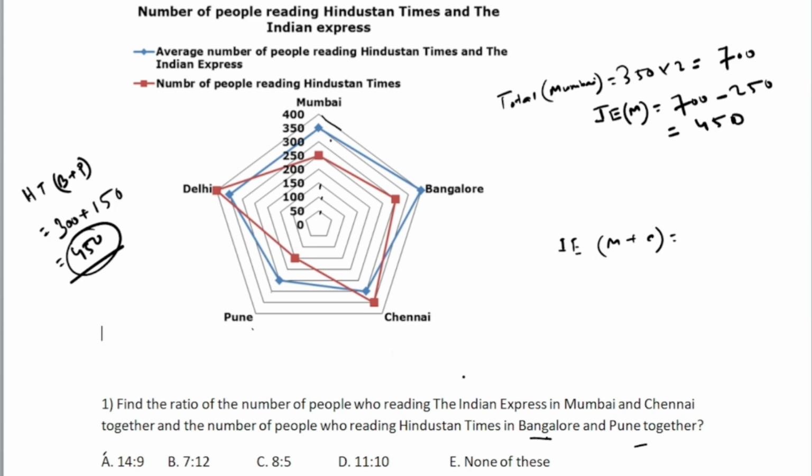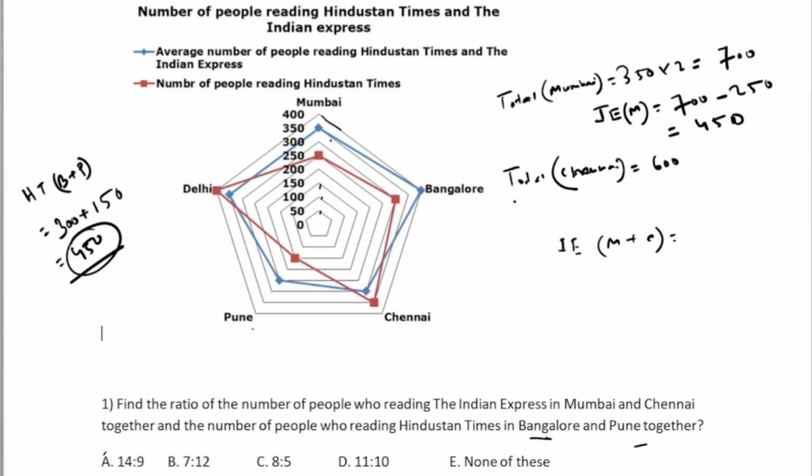ऐसे ही चेन्नई में, मुंबई निकल गया। चेन्नई में द नंबर ऑफ एवरेज पीपल हु आर रीडिंग हिंदुस्तान टाइम्स एंड इंडियन एक्सप्रेस इज 400, 350 and 300. So total in Chennai is 600, but Hindustan Times in Chennai is 350.